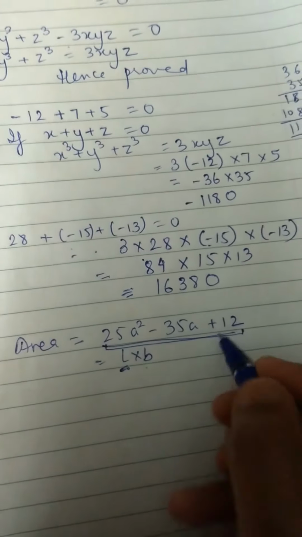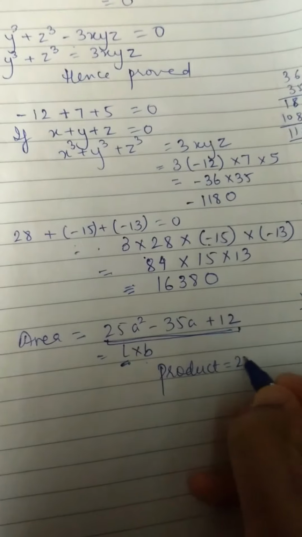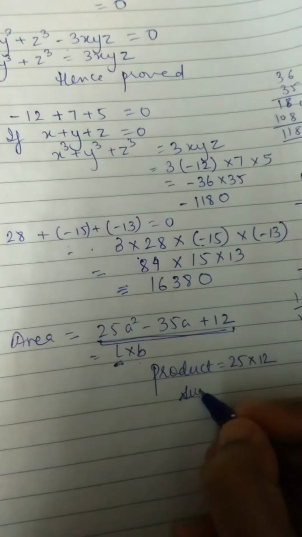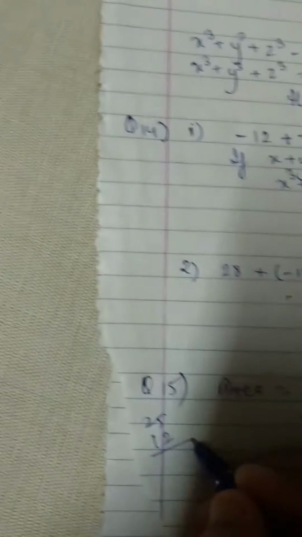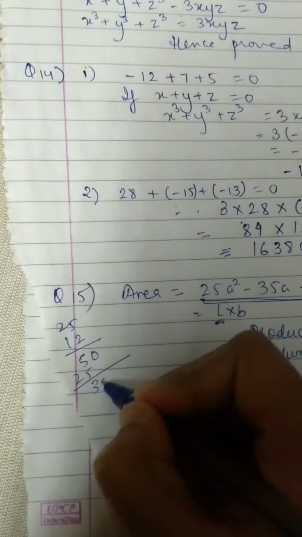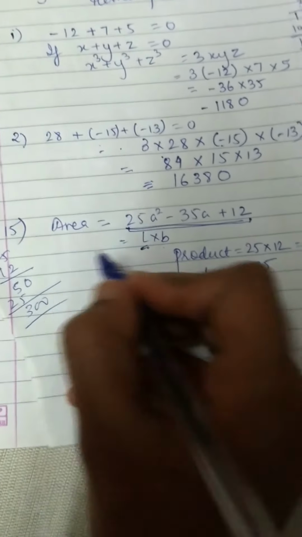We'll solve it by splitting the middle term. So here we want the product equal to 25 into 12 and the sum to be minus 35. Now first solve 25 into 12. 2 5s are 10, 4. So we want a product of 300. Now I told you to write all the possibilities and then check.